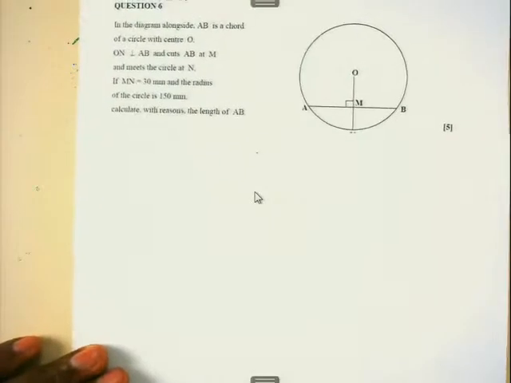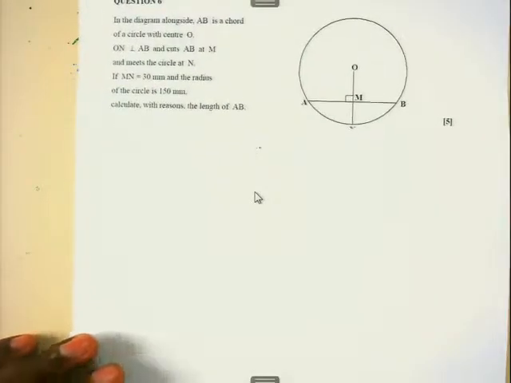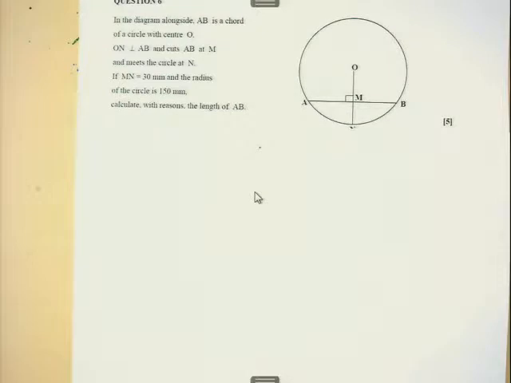Let's analyze the question. From my previous presentations, I've always emphasized the importance of analyzing the given statement. Once you analyze it, whatever information you pick up, you immediately indicate on the diagram.